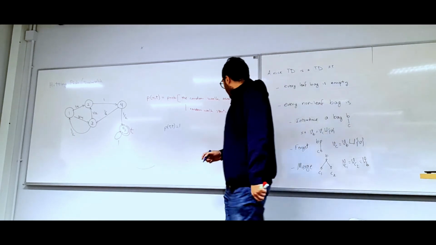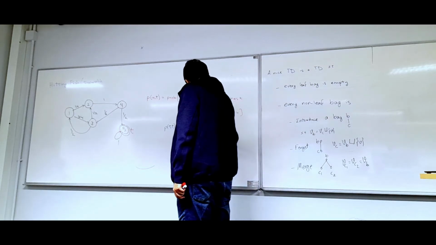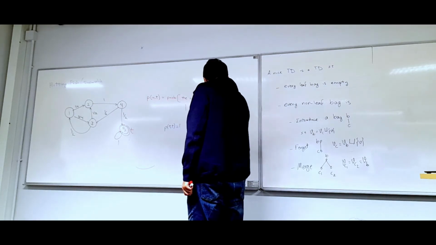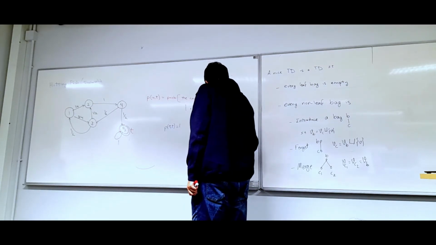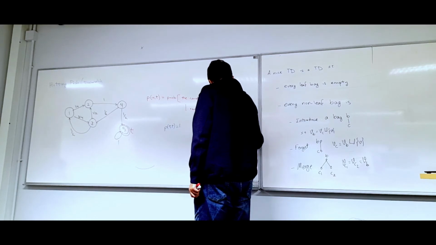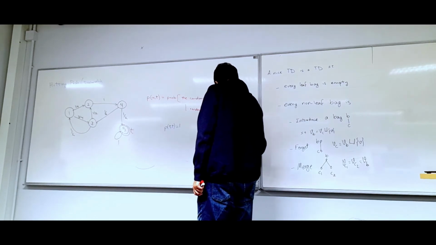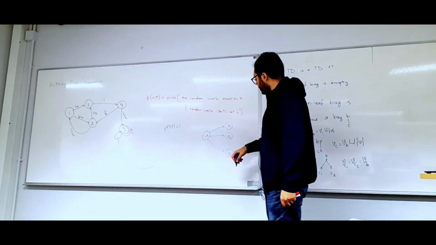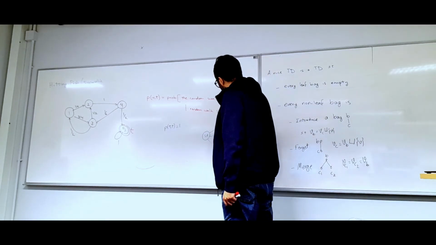But now let's say I have some vertex u, and let's say that it has edges to a bunch of other vertices, v1, v2, to vr. And let's say that the probabilities of these edges are p1, p2 to pr.